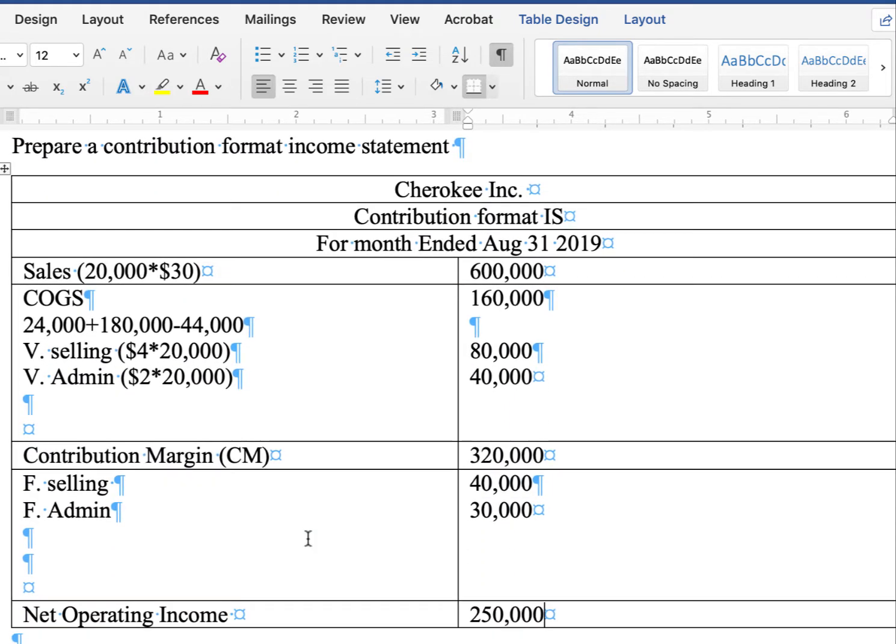There are two things that are mainly different. Number one, tradition uses product and period costs. In the contribution formatted income statement, we segregate based on behavior, so we segregate out variable and fixed. That's one difference. The other difference is that middle ground, right?